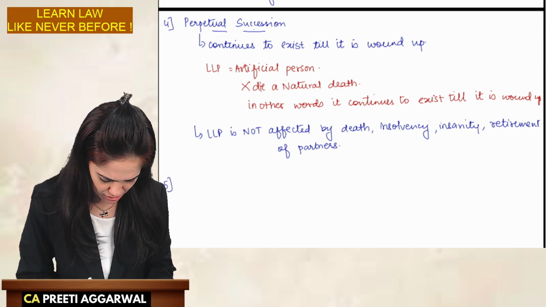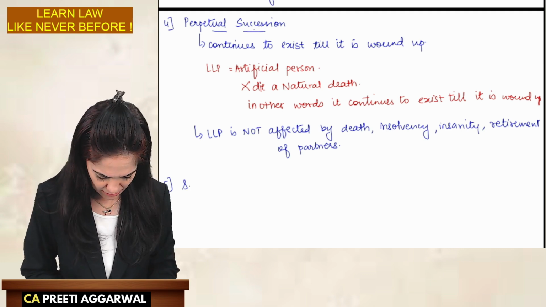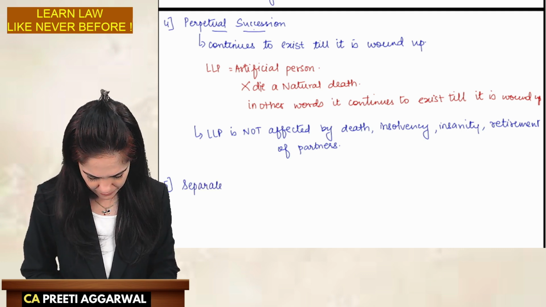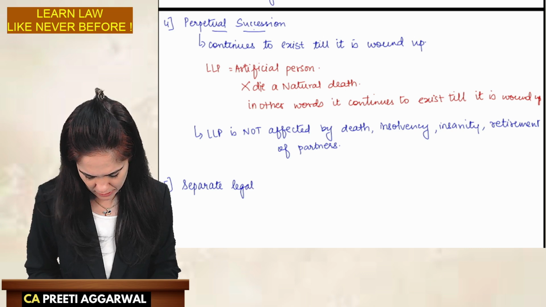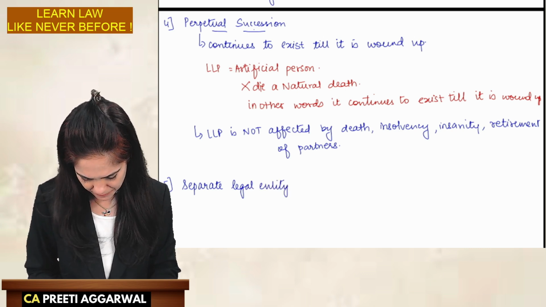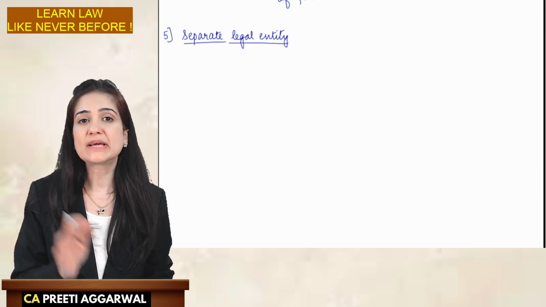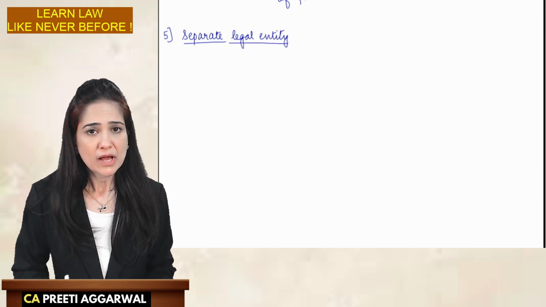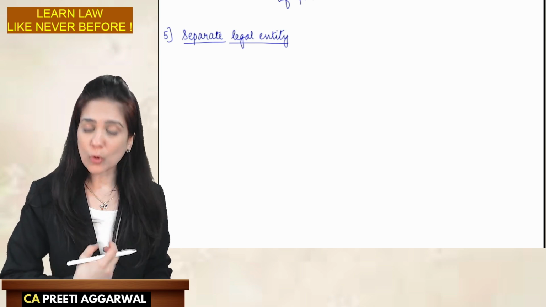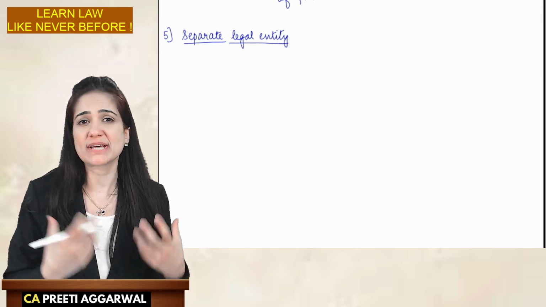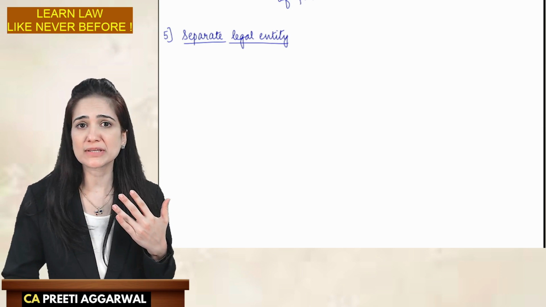Let us now proceed to the next characteristic, which is separate legal entity. Yes, it is a person separate and distinct from the partners. LLP can own its own assets. They can purchase assets in their own name. They can have liabilities in their own name.